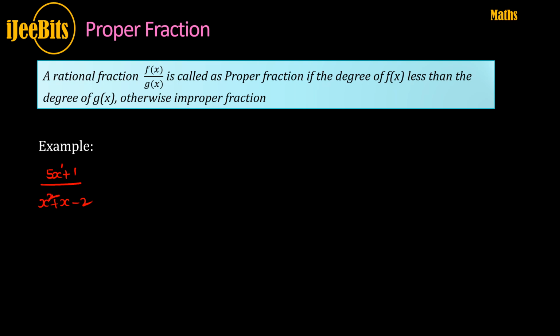So the numerator degree is 1, the denominator degree is 2. So proper fraction means the degree of f of x is less. Agree? So this one is less, and this one is greater. Hence, this is called a proper fraction.